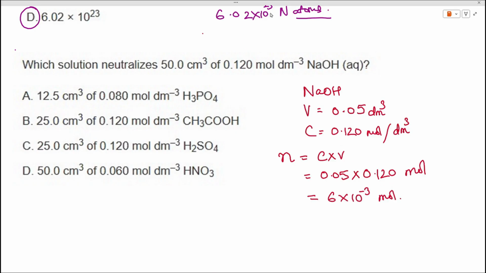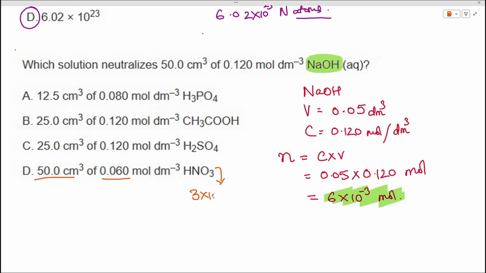Now what we have to be careful about is we have the number of moles of the base NaOH, and if we want this to be neutralized, the number of moles of H positive ions needs to be the same. So if we calculate the number of moles from this, it will be 0.05 multiplied by 0.06, which is 3 times 10 to the power of -3 moles.